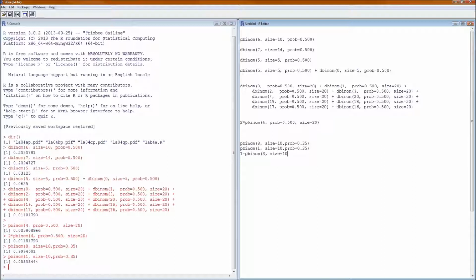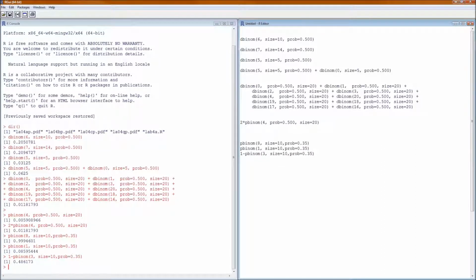Again, size equals 10, prob equals 0.35. About 48.6% chance. Say that probability x is between 10 and 18 inclusive. So that's going to be the probability that x is less than or equal to 18.